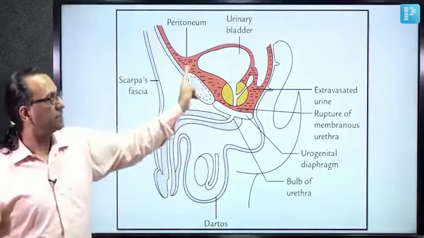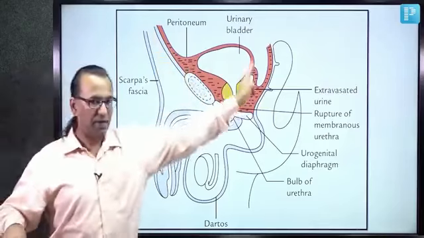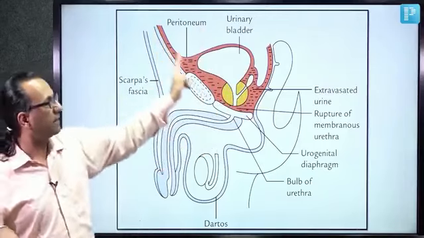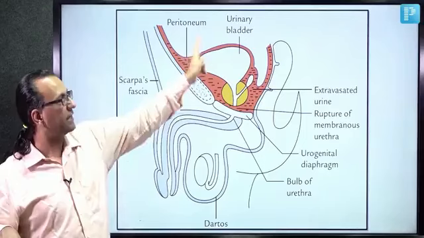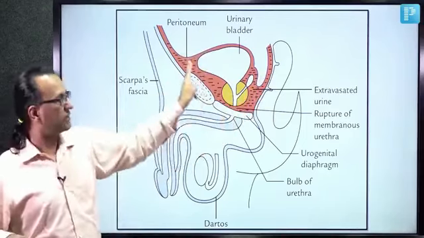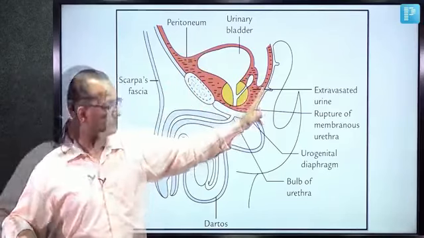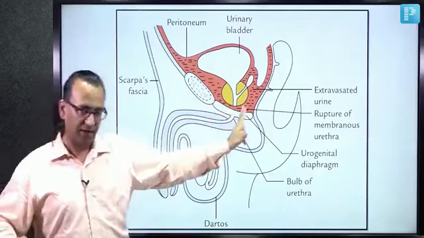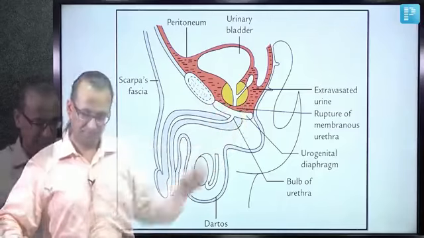Now, this urine remains in the extraperitoneal space and is not going intraperitoneal because the peritoneum is intact. It will not cause any ascites. It will be extraperitoneal extravasation of the urine. It is a membranous rupture of the urethra, may be a case of pelvic fracture, as we suggested.